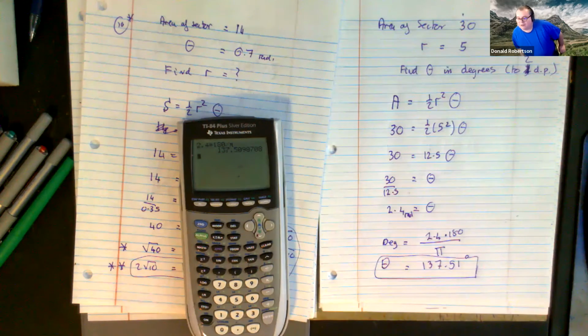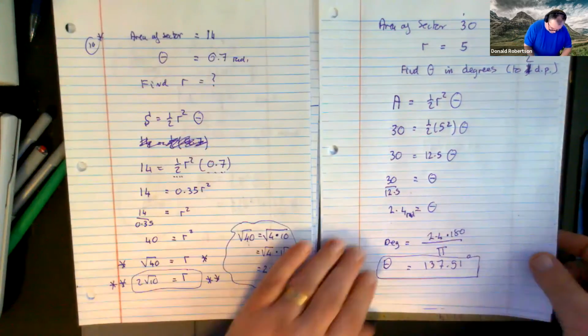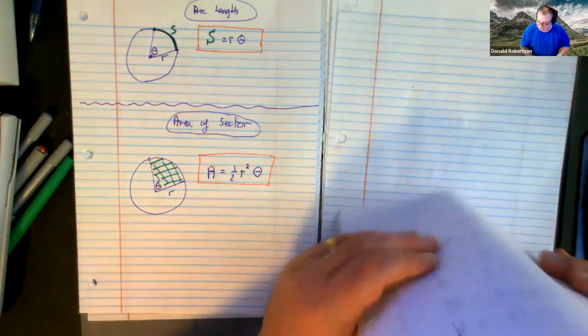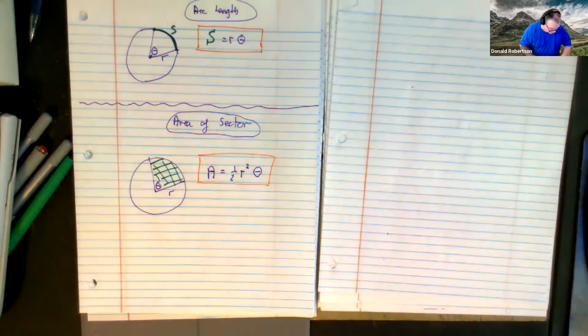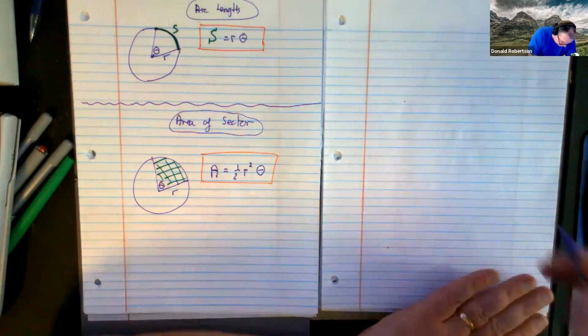So I have done pretty much every version of that question you could get, right? Find the area of a sector, find the missing angle theta, or find the missing radius r. So I'm going to give you a question and give you, I don't know, 3 minutes to do it. And if you get it right, I'll feel good, because that means you've convinced me that you know what to do.